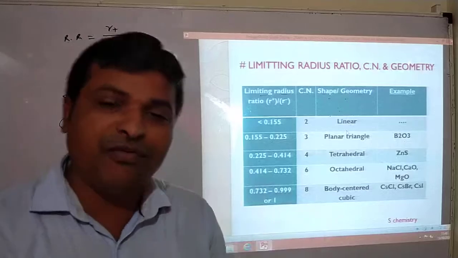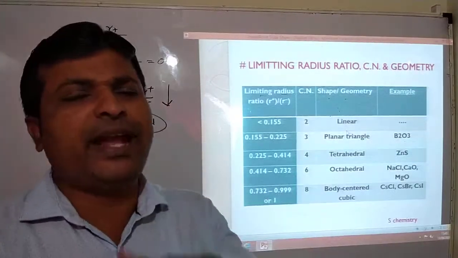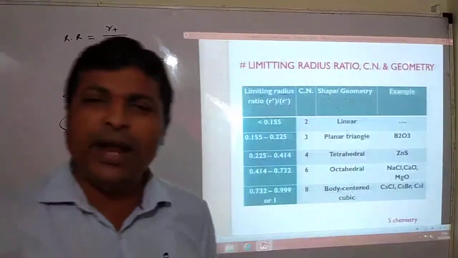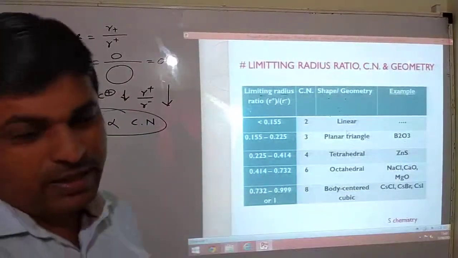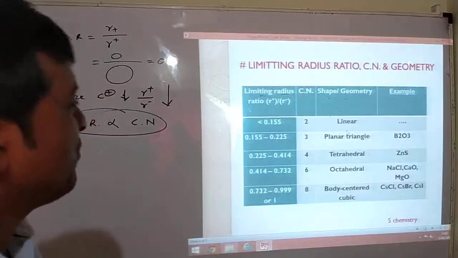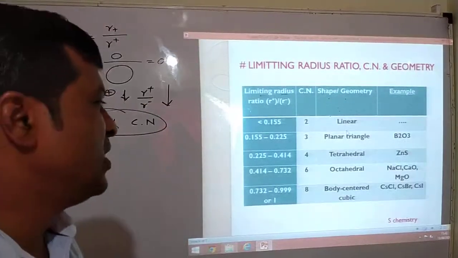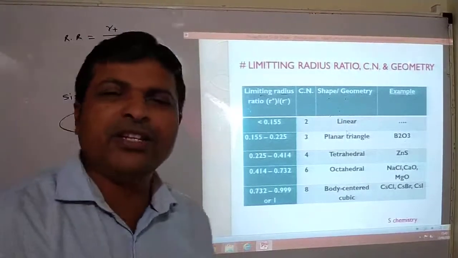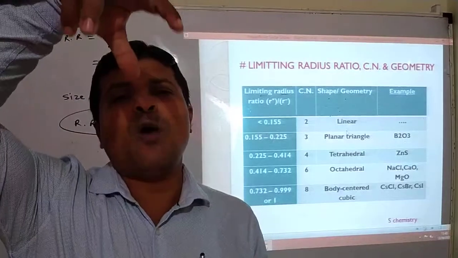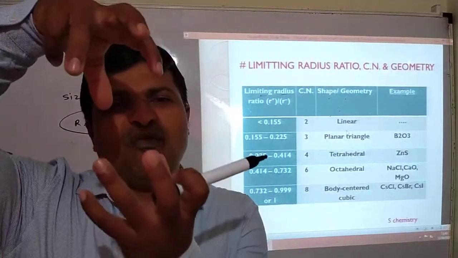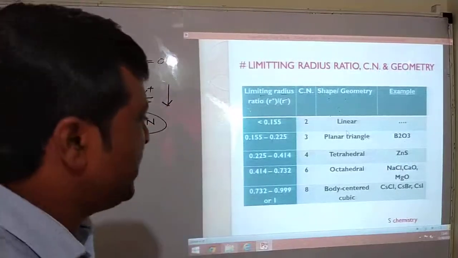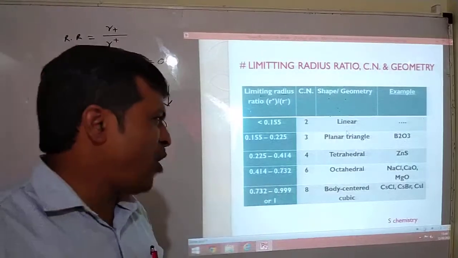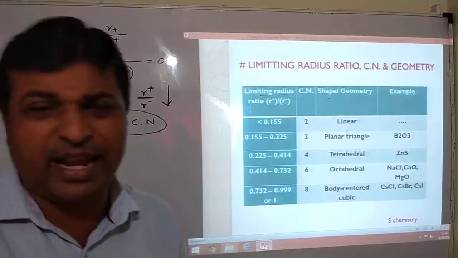If the radius ratio lies between 0.732 and 1 or above 1, then the geometry is body centered cubic, and the coordination number is 8, with 4 at the top corners and 4 at the bottom corners in BCC. Examples are cesium chloride, cesium bromide, cesium iodide. In the case of octahedral, the examples are NaCl, calcium oxide and magnesium oxide.